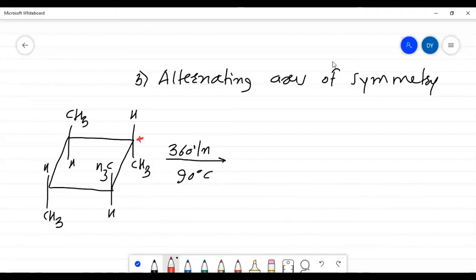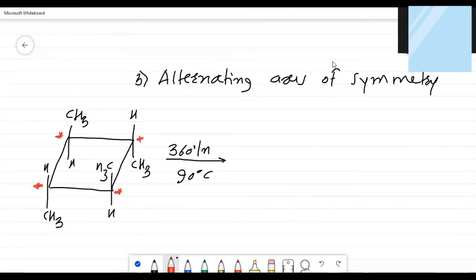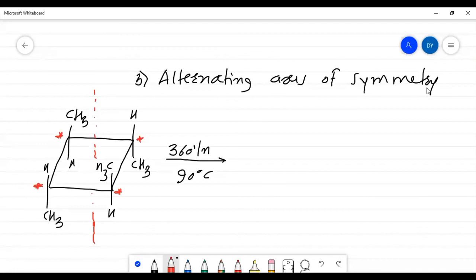2, 3, and 4. Now we have to rotate this molecule through how many degrees? 90 degrees. We have to rotate this molecule through 90 degrees, right? After rotation of 90 degrees, what do you get? You get this molecule.